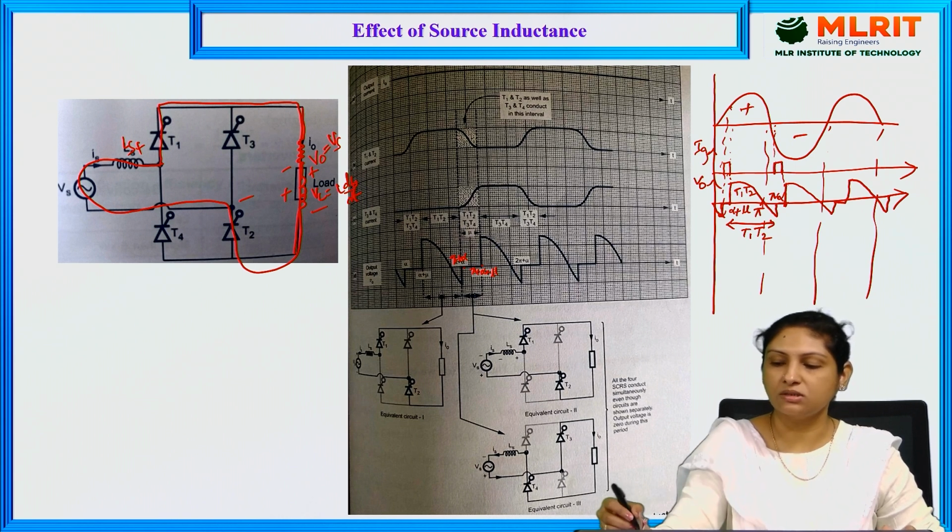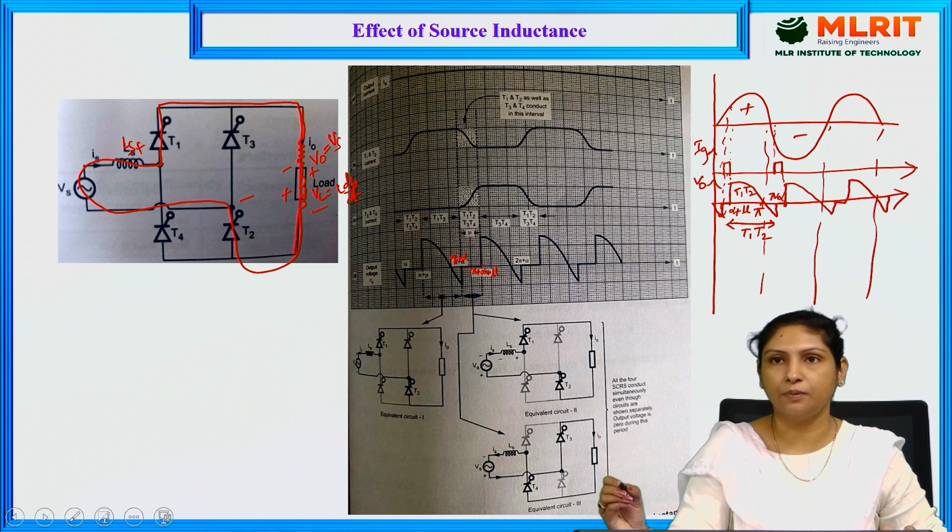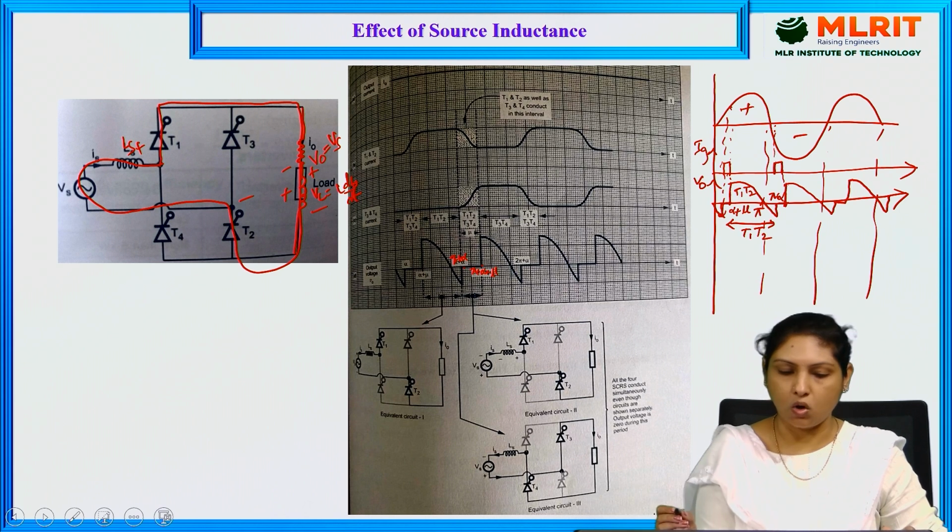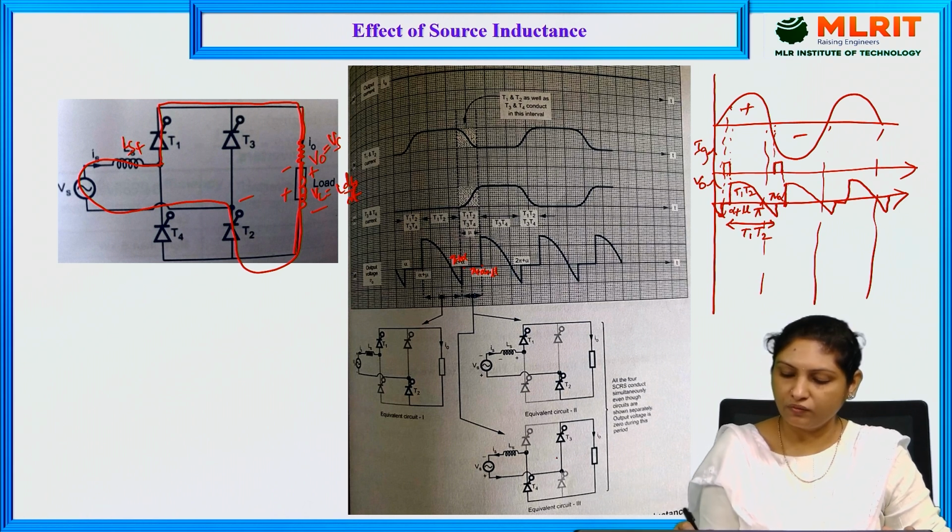It is because the negative half cycle has appeared, and because of the negative half cycle, T3 and T4 will be getting turned on, and because of which it is conducting a current through the load.